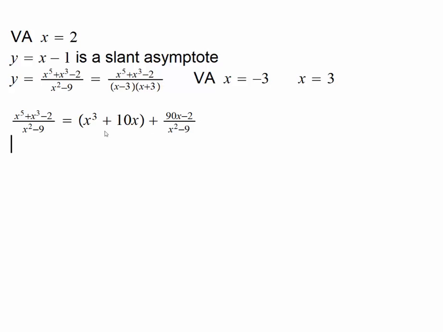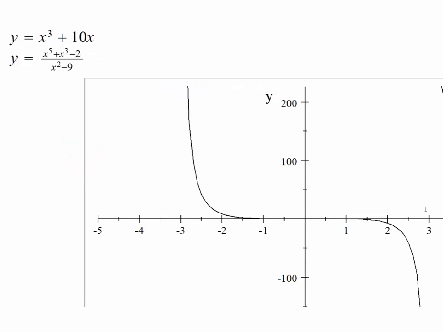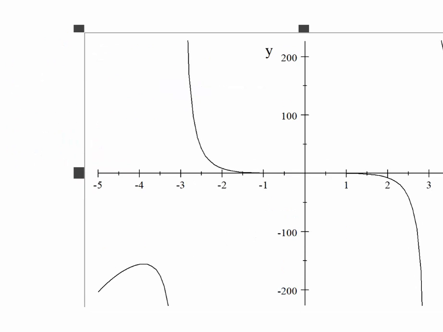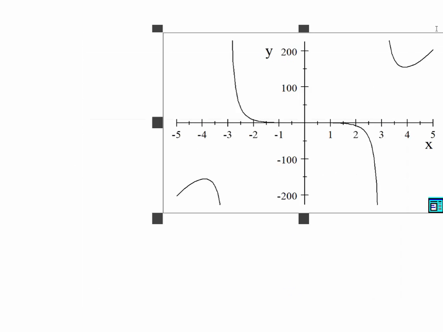All right, so in this case, let's graph the function, and let's just write down what we shall expect. Our function is given by this equation, and of course we should have vertical asymptotes at x equals negative 3 and x equals 3, and eventually the function will behave like this cubic. Let me first bring this window in here.